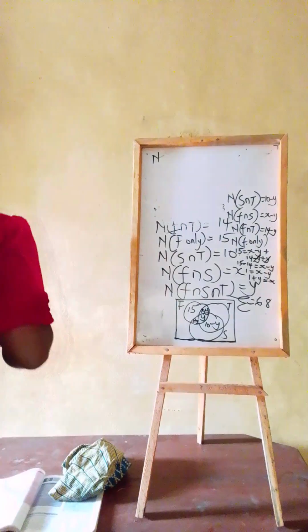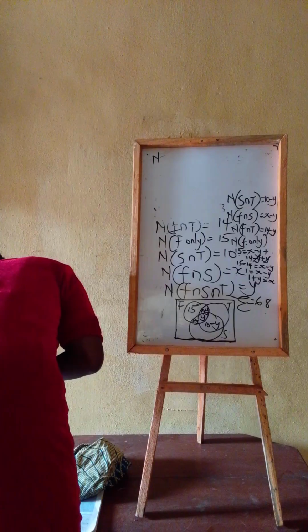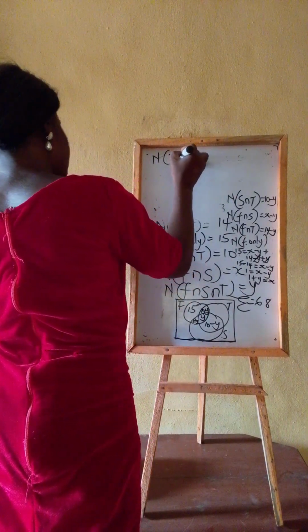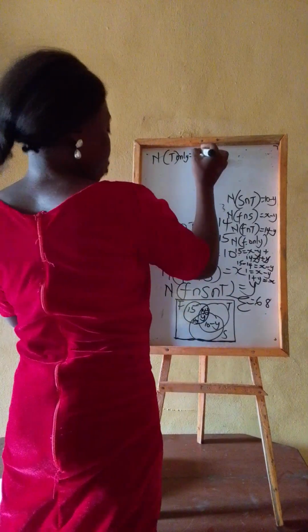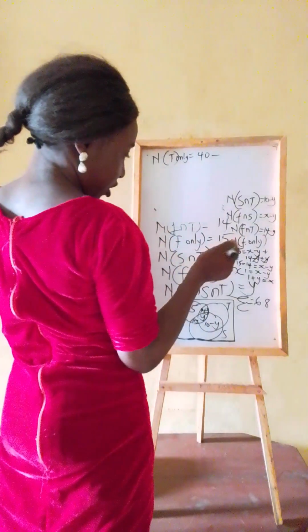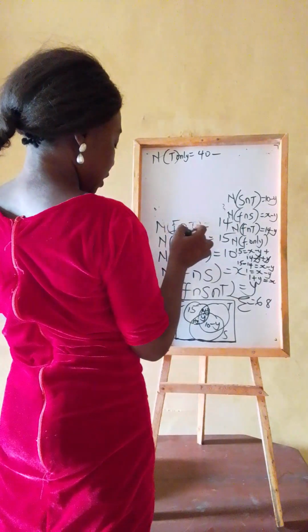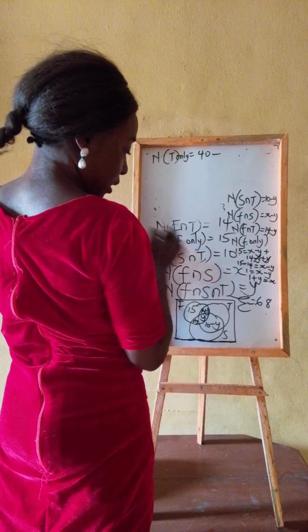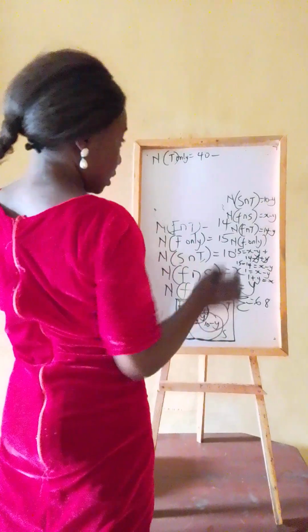So we want to know the number for T only, and that is going to give us 40 minus T. Let's check T. This is where, remember, T is. Can you see? This is where T is.